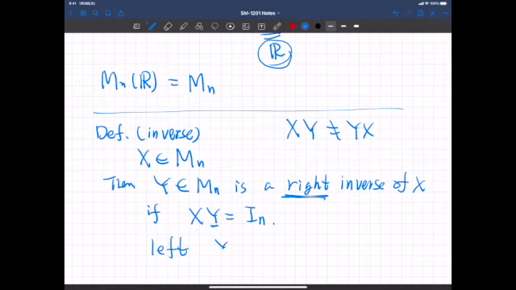So here's the right inverse, and we say Y is a left inverse if Y times X is the identity.